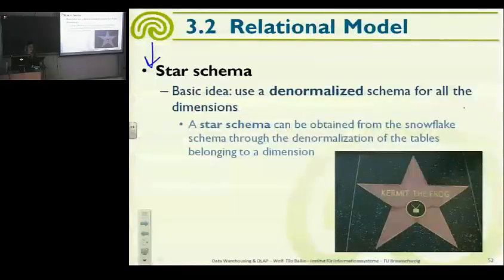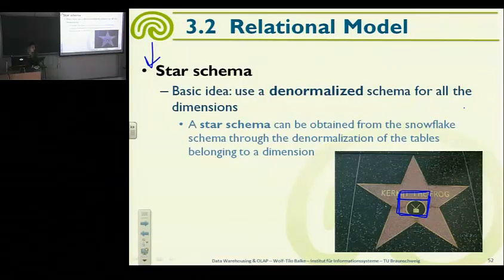So the star schema is pretty similar to the snowflake schema. Again, you still have this fact table in the middle, but now instead of normalizing the dimensions, you just put the time dimension in one big table.